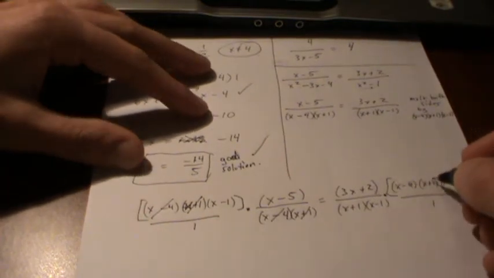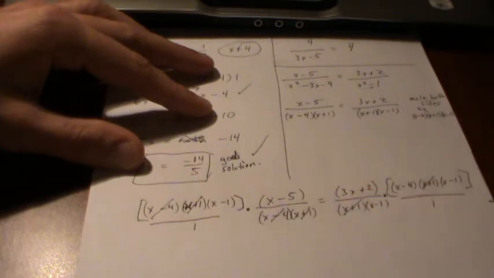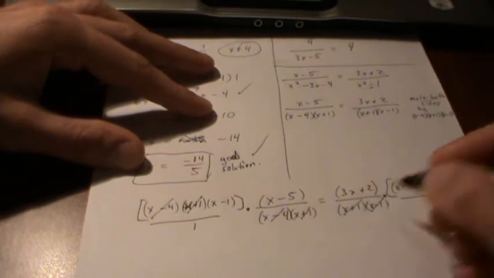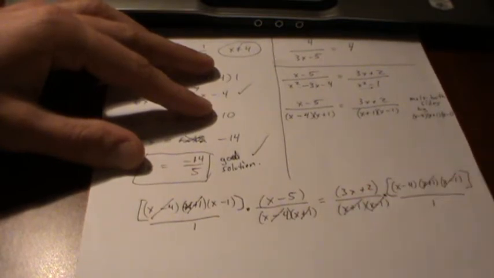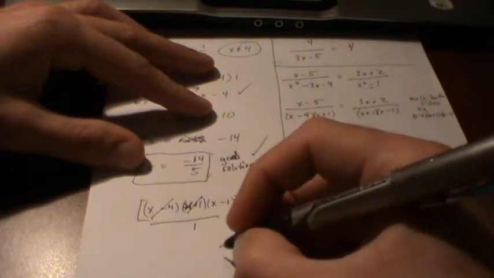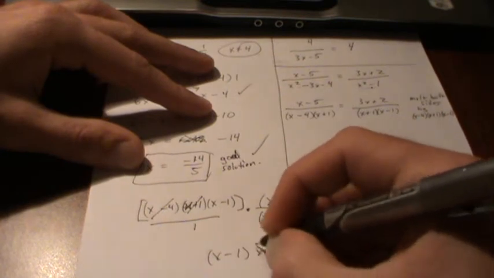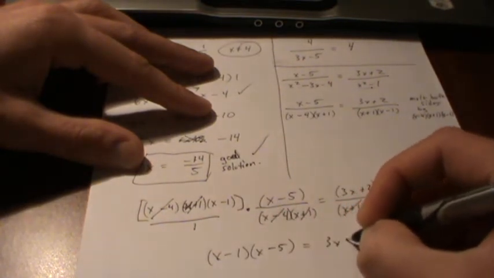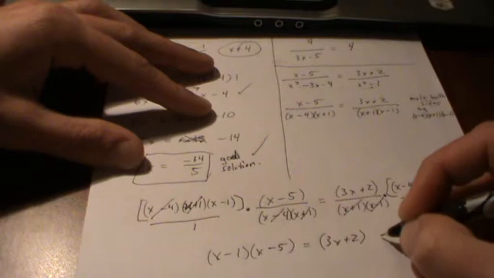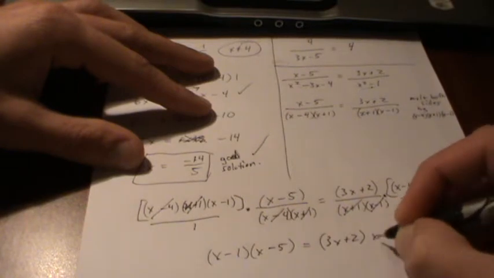I've got a common factor here and a common factor here. And I'm left with x minus 1 times x minus 5 over 3x plus 2 times x minus 4.